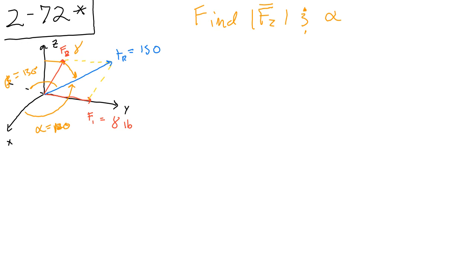So let's call them alpha 2, beta 2, and gamma 2. Okay.